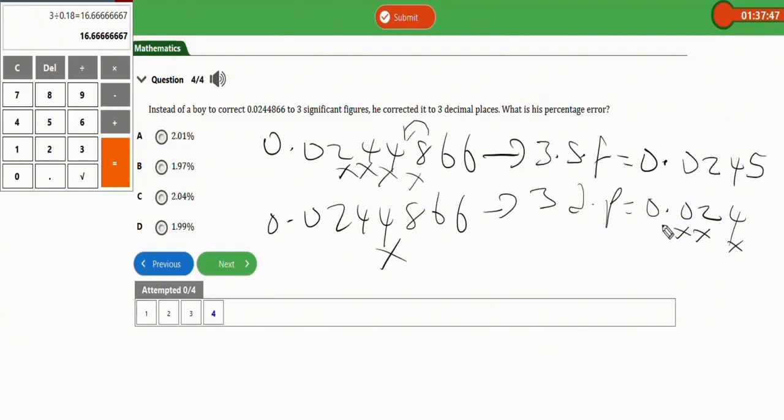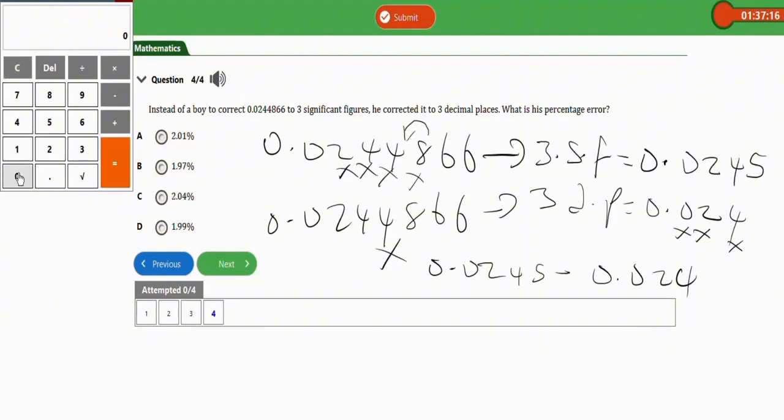So from this expression, 0.0245 is higher than 0.024. So you are going to subtract 0.024 from 0.0245. So the error will be 0.0245 minus 0.024. Okay, so this is 4, guys. I'll write it well. Okay, so let's punch it on the calculator.